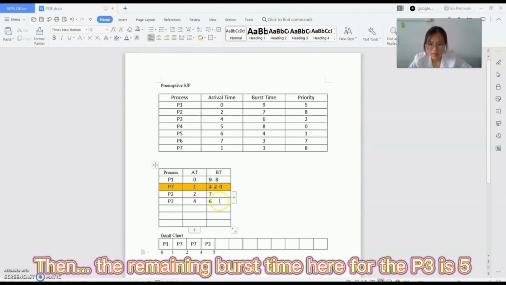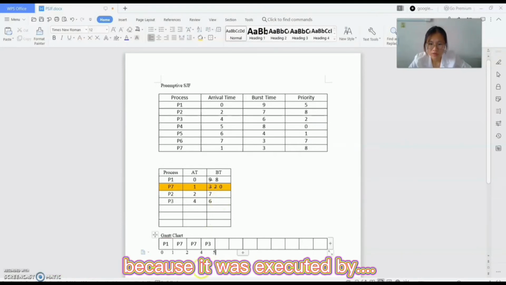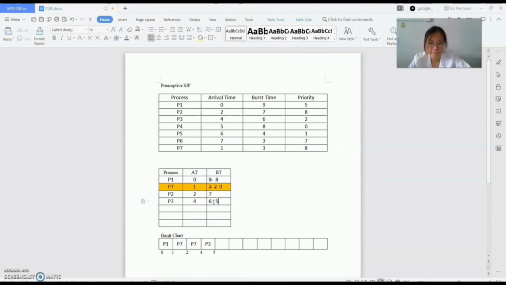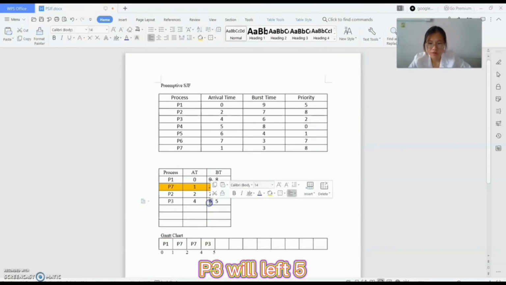Then the remaining burst time here for P3 is 5, because it was executed from 4 to 5. 5 minus 4 is 1, so 6 minus 1 is 5. P3 will be left with 5.